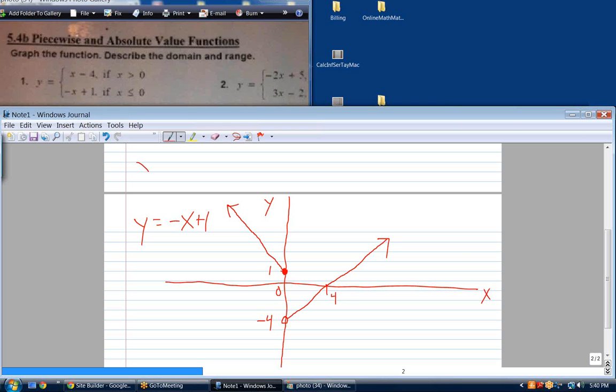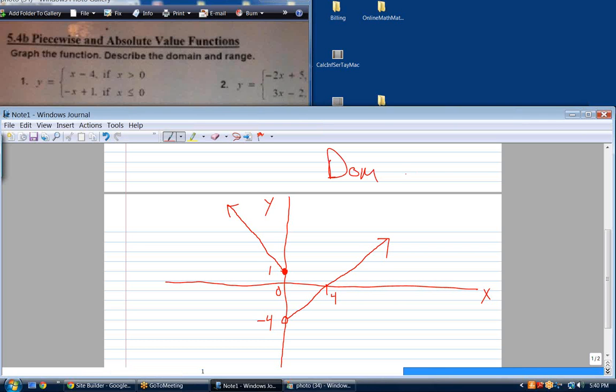The entire function is equal to a combination of two functions, but they want the domain of this entire piecewise function. So if you look at the graph, what's the domain look like? What can x be? All real numbers? Good.